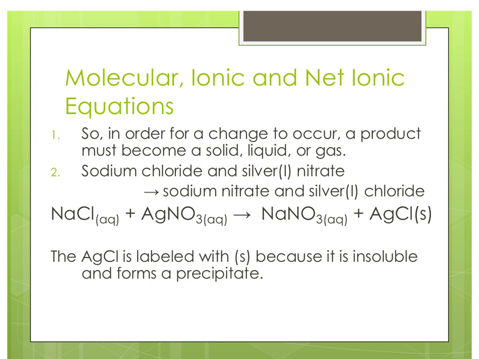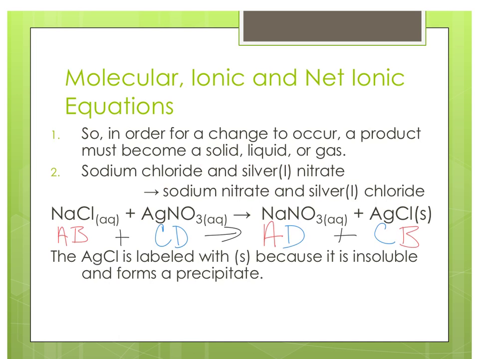If we were to write that in symbols, it would look like sodium chloride plus silver nitrate, and this is our same AB, CD, making AD plus CB. So that pattern is the same pattern that we've seen before.